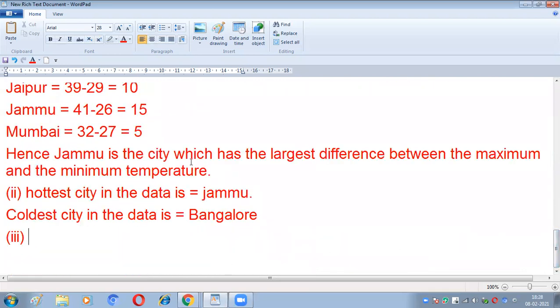So we can write it as Bangalore. The answer will be Bangalore and Jaipur, and the other pair will be Bangalore again, because Bangalore is the least number in maximum also, and Bangalore and Ahmedabad.